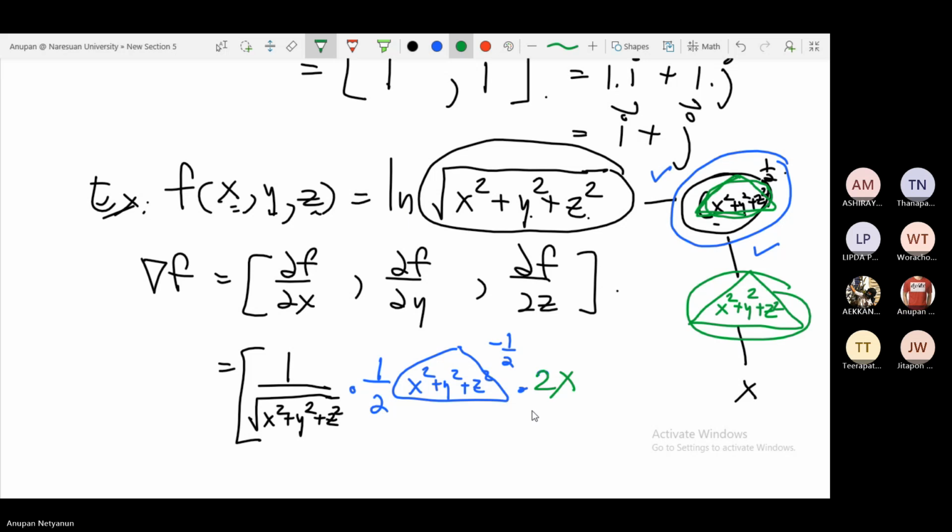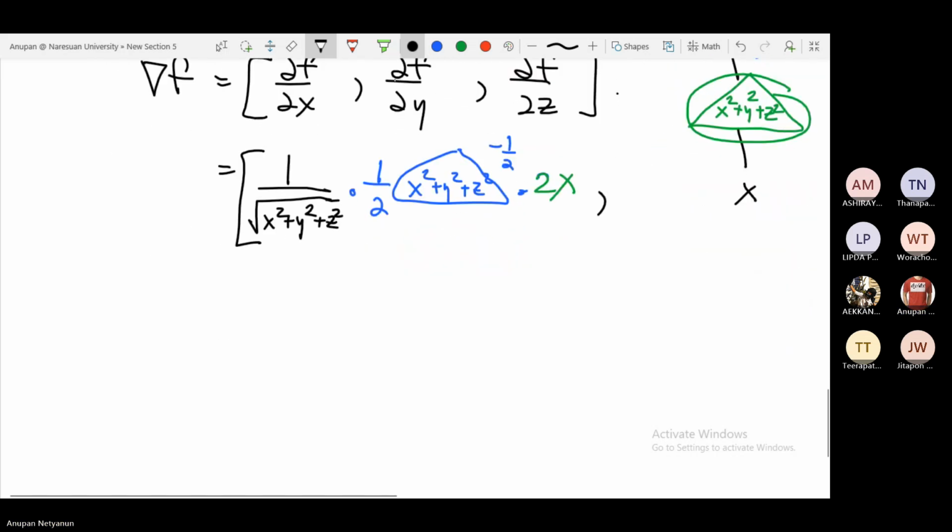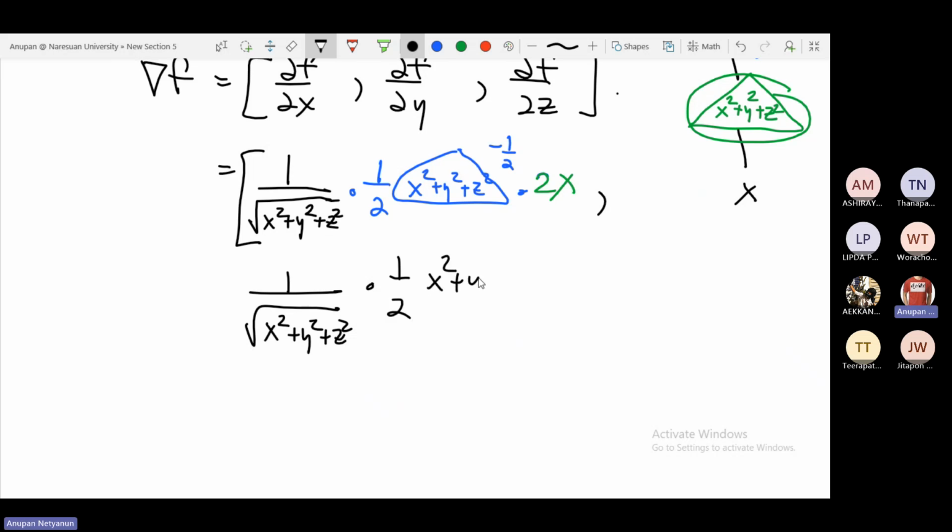Now, similarly for these two, you are going to have this and this and this are the same. For this one, at the final step, you should have y here. And for this one, at the final step, you should have z here. So the result that you should get is, this should be the same thing, times 1/2 x squared plus y squared plus z squared to the negative 1/2 times 2x.